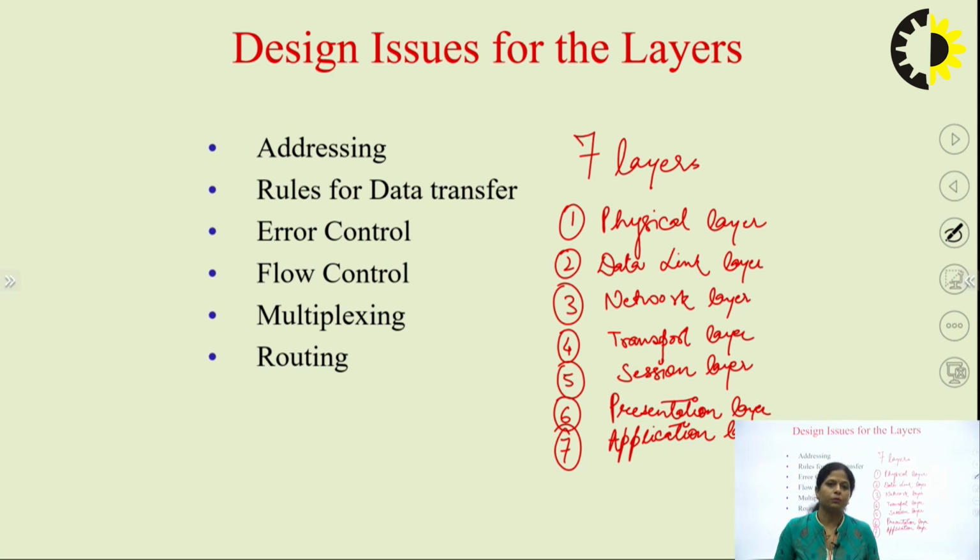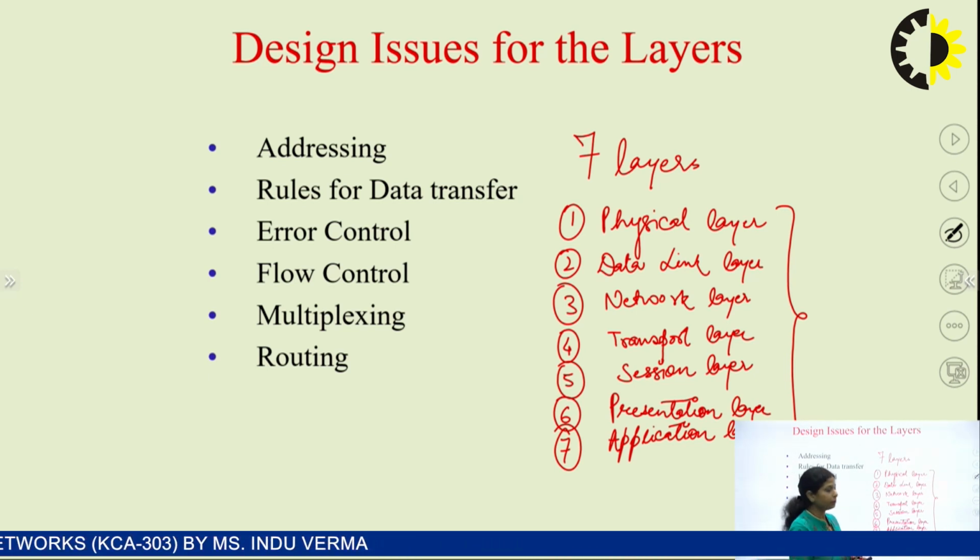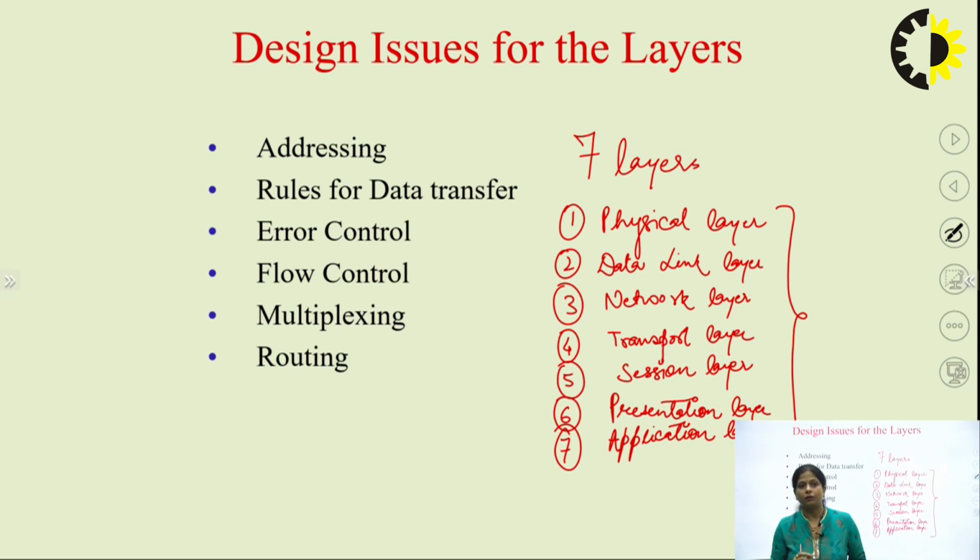Our OSI model is prepared with the combination of all these layers. That means the functions are divided layer by layer. The system is divided into the form of layers. Each and every layer has a special function, or task, to be performed.